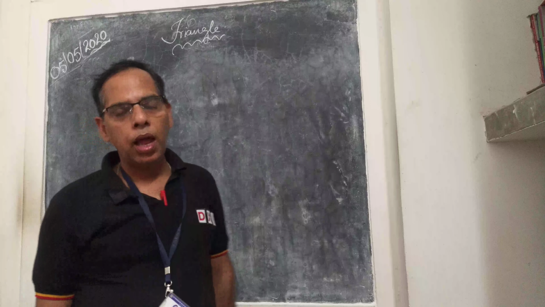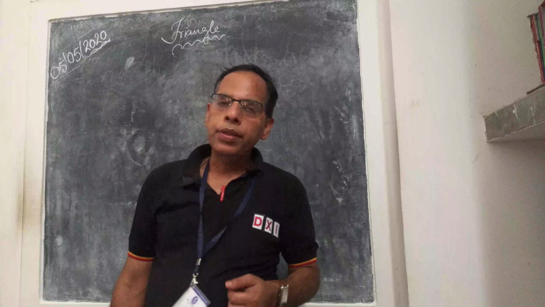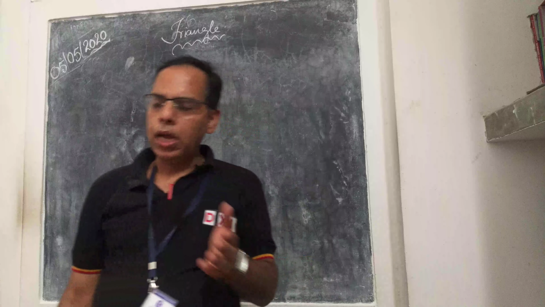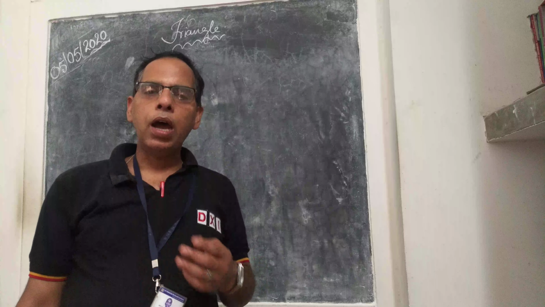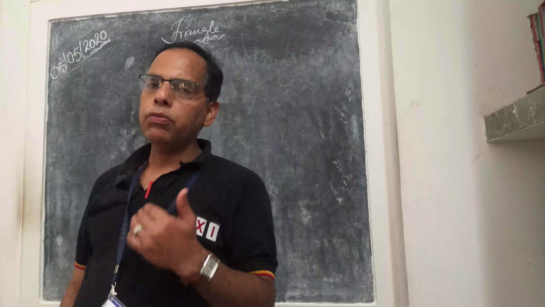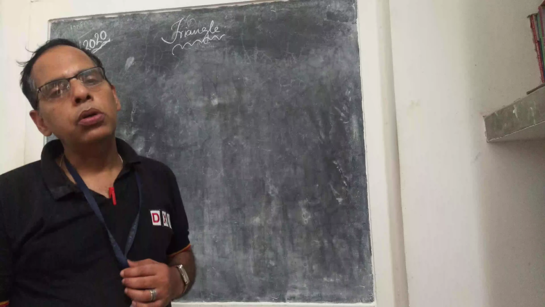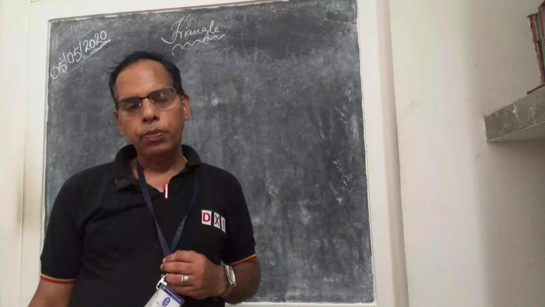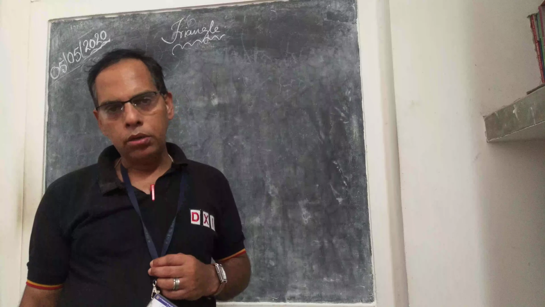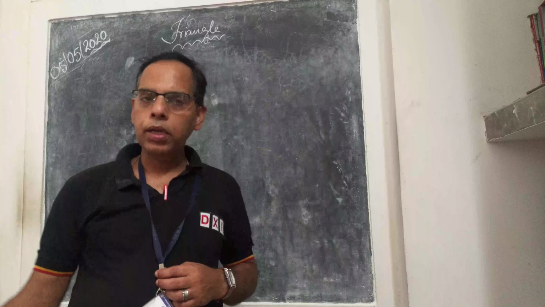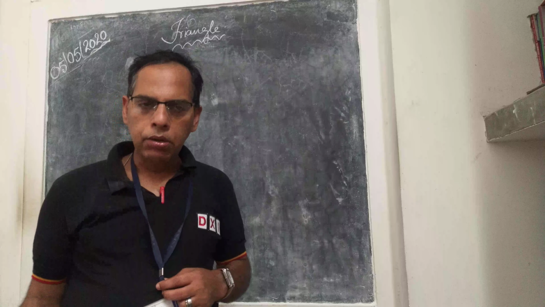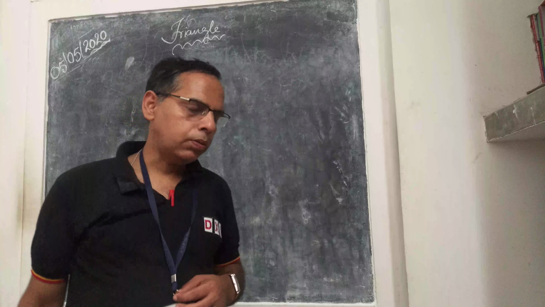Yesterday in my last video I showed you that I have not done the book's theorem exactly. I have done that the ratio of the areas of two similar triangles is equal to the square of the ratio of their corresponding altitudes. So you can do that with sides also and medians also.